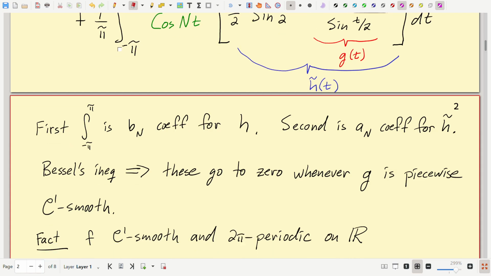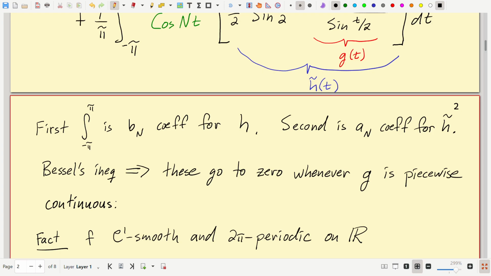In fact, whenever g is piecewise continuous, and I mainly need piecewise continuous so that I know it's Riemann integrable, so those integrals make sense. All I needed in Bessel's inequality was that those integrals make sense.